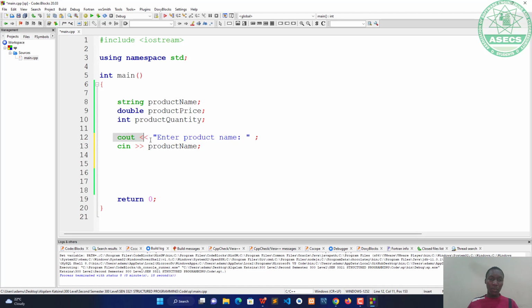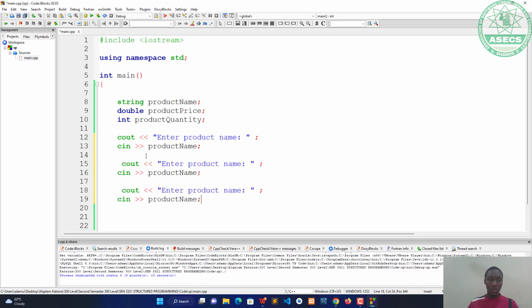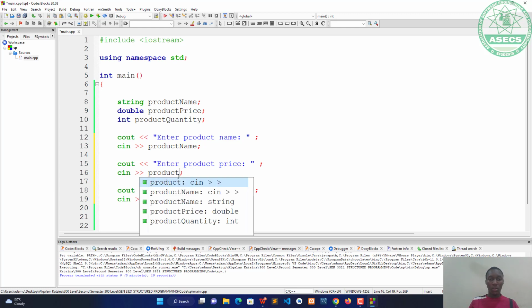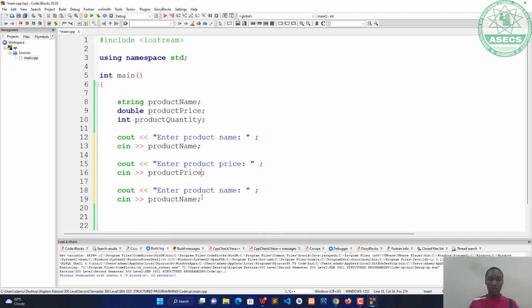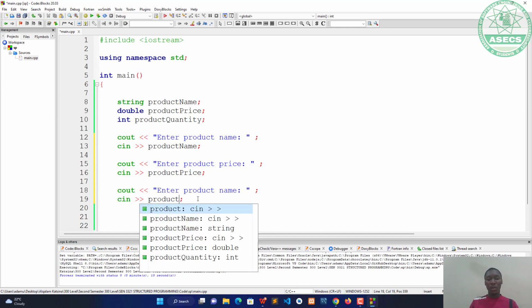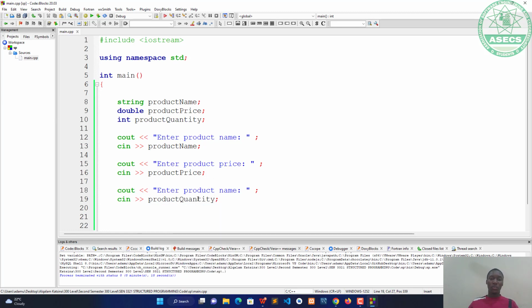I can maybe copy this and duplicate it. So over here, enter product price. And over here, I can just change it to product price, which we want to put in. Over here, product quantity. So that is it.